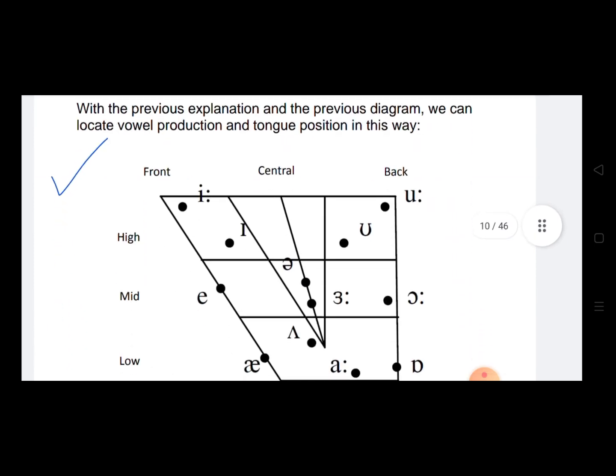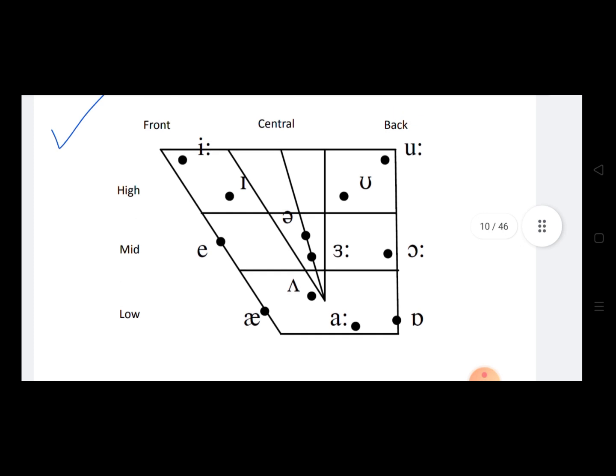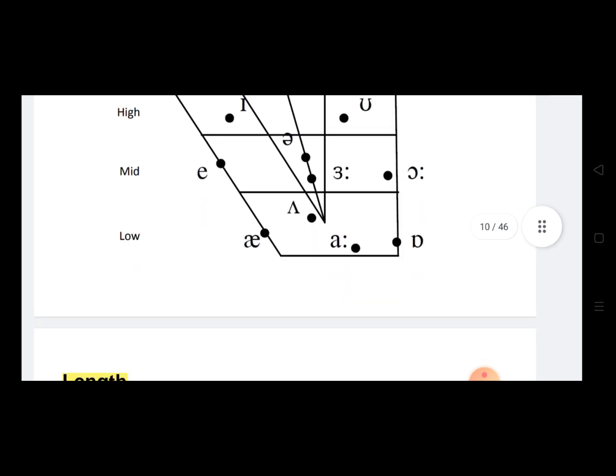In this diagram the detail is given: front, central, and back vowels and their position, high, mid, and low. So you can classify vowels using this diagram in linguistics.